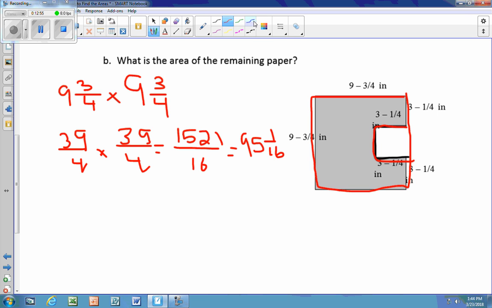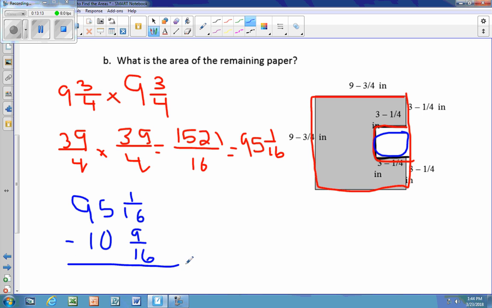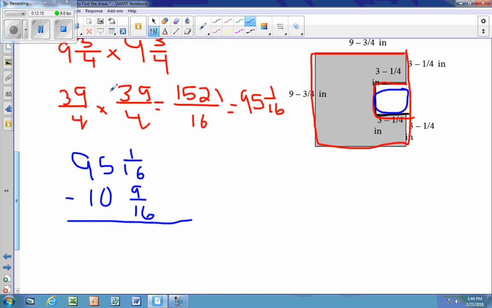Now, in order to figure out, this is the whole entire gray space, we want to take out this white space here, which from up above we had figured out was 10 9/16, because we don't need that part. And we're going to subtract. Now we had learned way back in Module 3 that I can't do 1 minus 9.